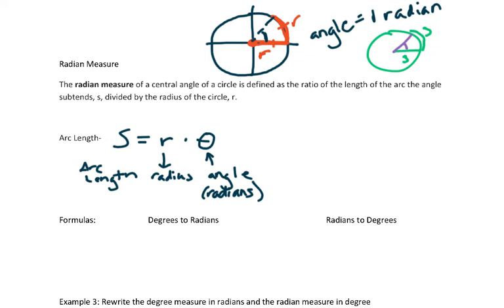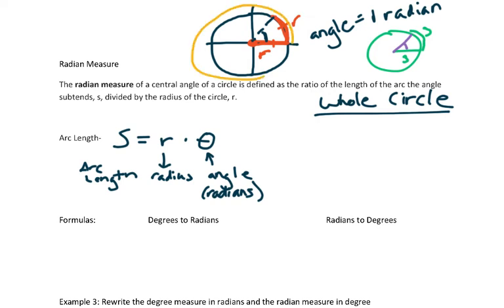So if we think about a complete circle, all the way around is called your circumference. If I go all the way around the circle, the distance is your circumference. Your circumference measurement is 2 pi r.